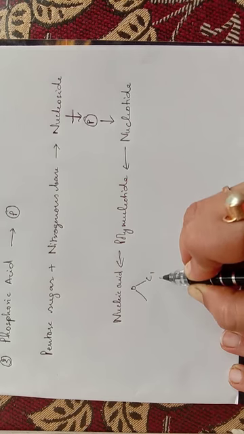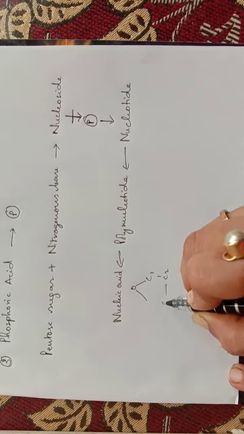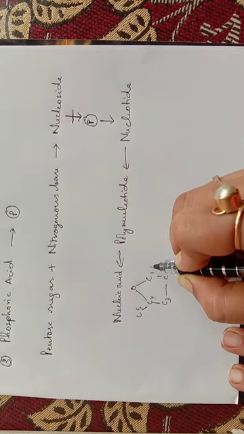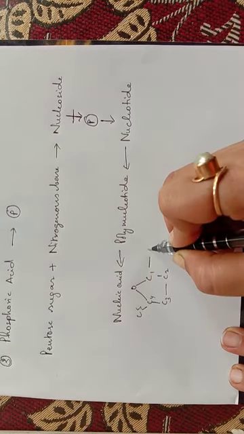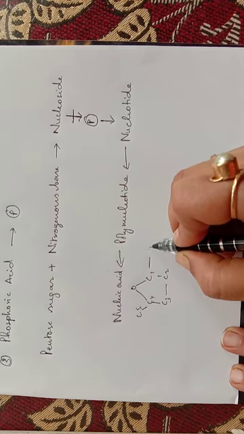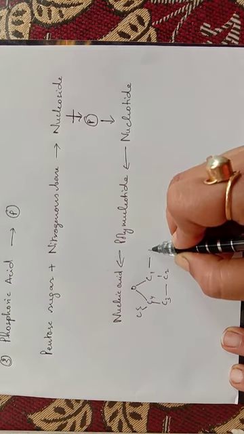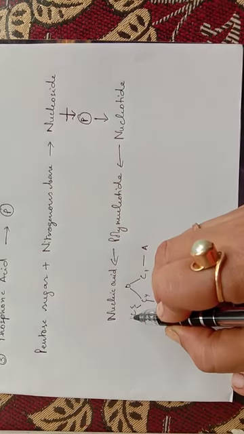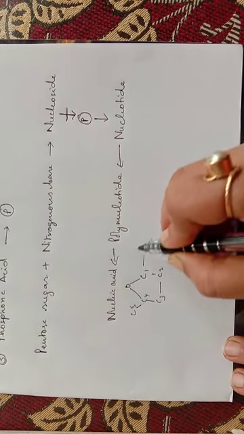This is the pentose sugar, the 5 carbon pentose sugar. Always at the carbon 1 position, the nitrogenous base binds with the pentose sugar. So I'll take it here, let it be adenine, and this is the nucleoside.